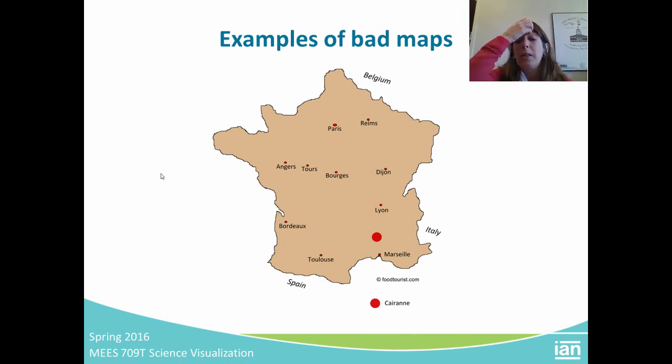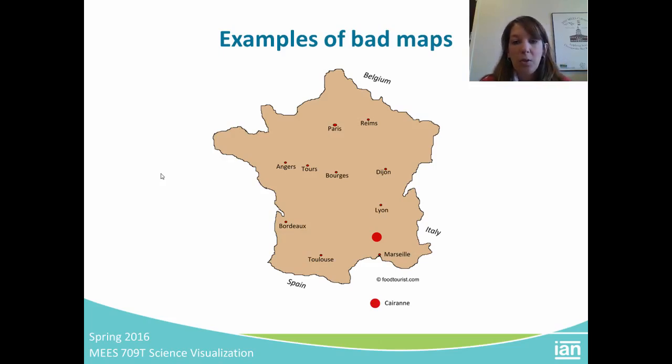Here's an example of a map that's very confusing. It's too basic in some ways. You have a lot of little cities, and then the weird part about this is that there's a legend, and it just says Karan, and yet everything else is labeled on the map. So you could have just labeled this city on the map directly.